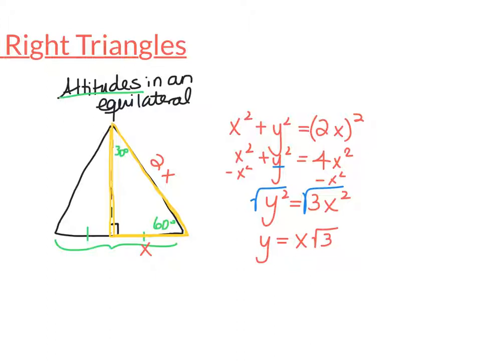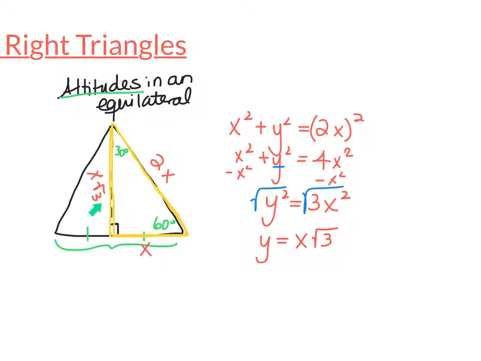Because when I take the square root of x squared, it just gives me a whole x. Square root of 3 is just the square root of 3. That means this last leg is in ratio of x square root 3. So that's the ratio that you need to know. For 30, 60, 90s, they're in ratio of x, 2x on the hypotenuse, and x square root 3.